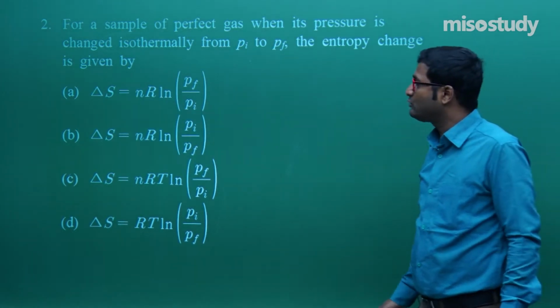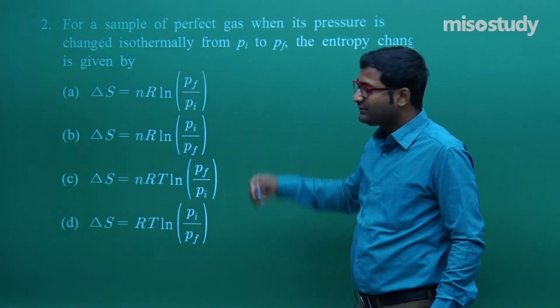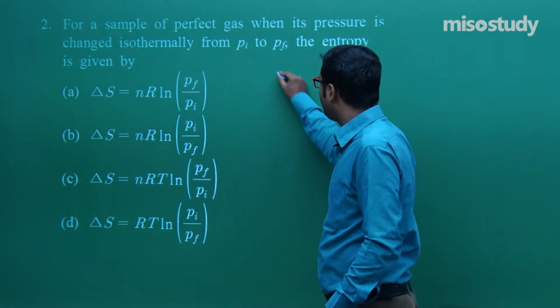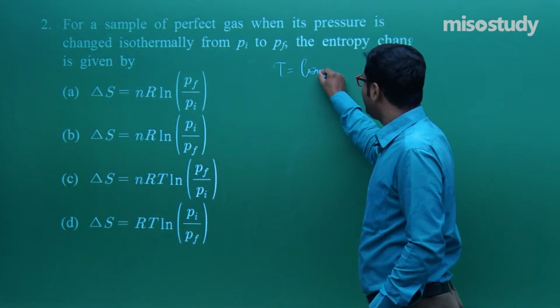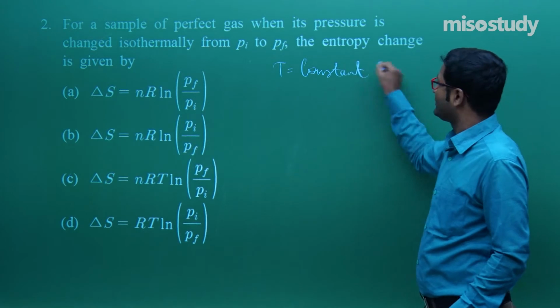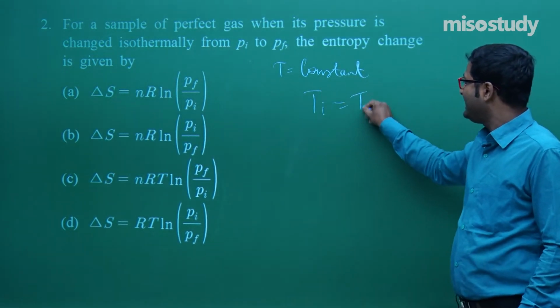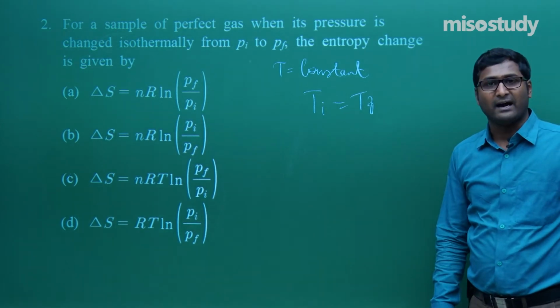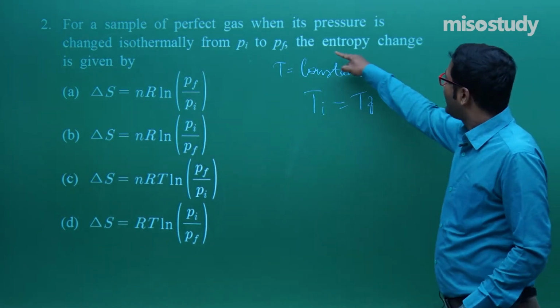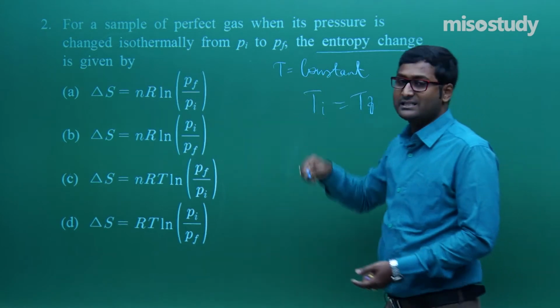One more thing I am going to mention here, friend: if there is an isothermal process, then we know that T is always constant. Clear? If T is constant, that means T initial is equal to T final. Now the entropy change is given by.